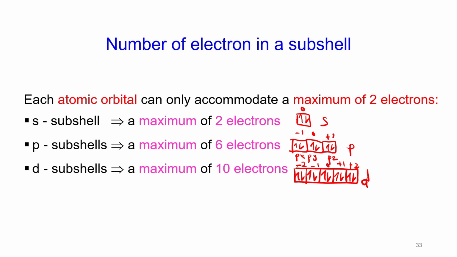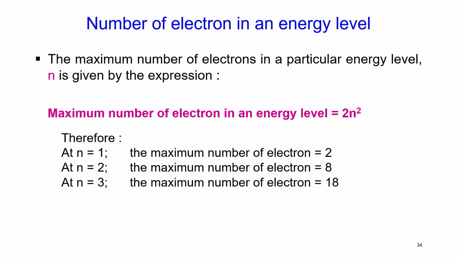Okay, alright. So bilangan elektron di dalam energy level, okay, the maximum number of electron in a particular energy level is given by the expression. Maximum number dia 2n square, okay. Pada n sama dengan 1, okay, 2 darab 1 kuasa 2, jadi 2 darab 1, 2, okay.